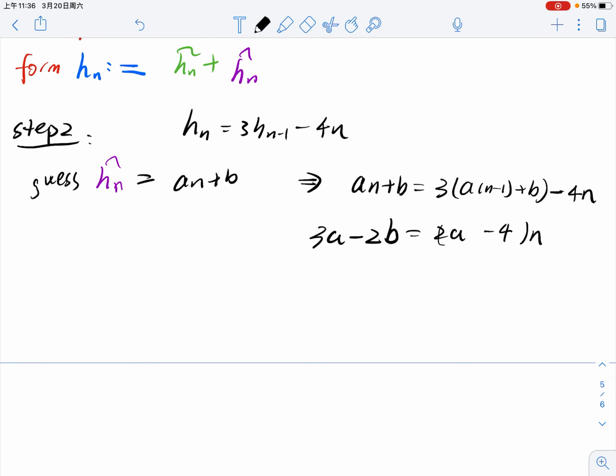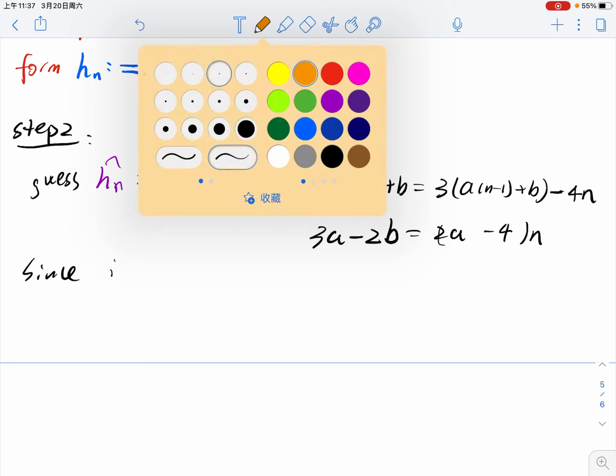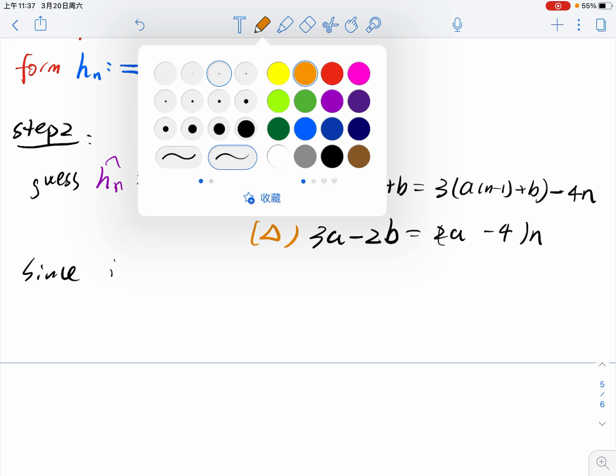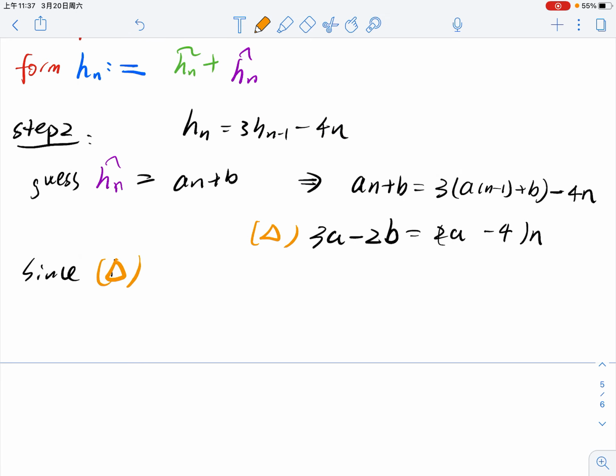Okay, since you want this to be true for any n, since this, let's call it delta, is true for any n, then A is 2, B is 3.